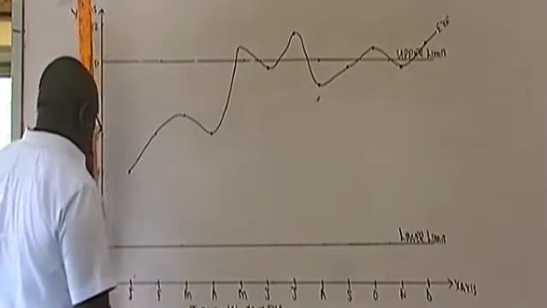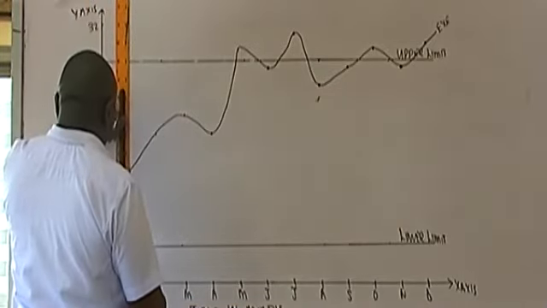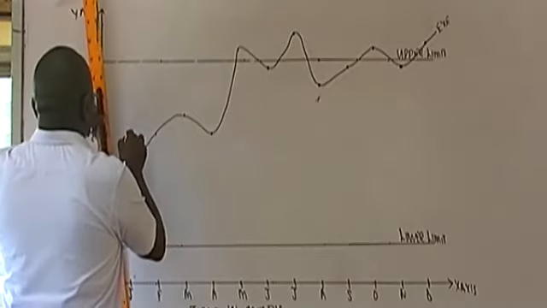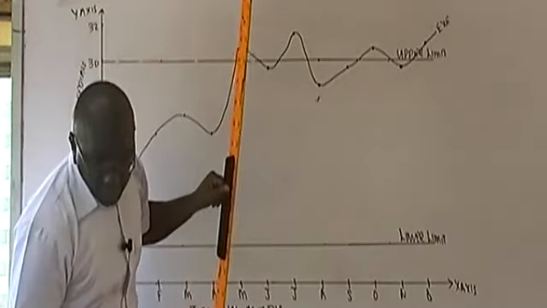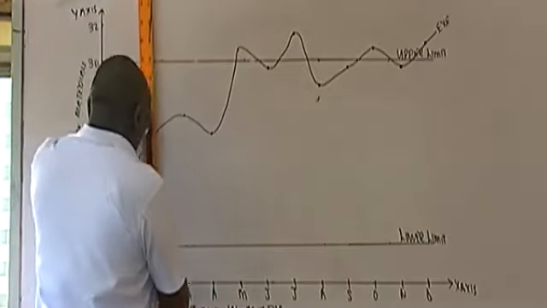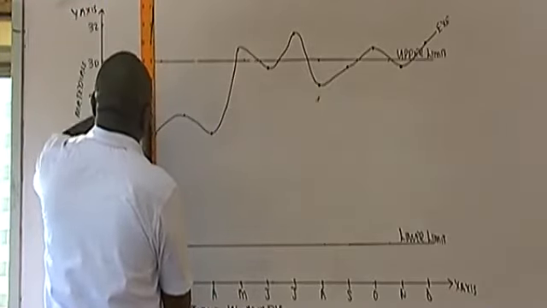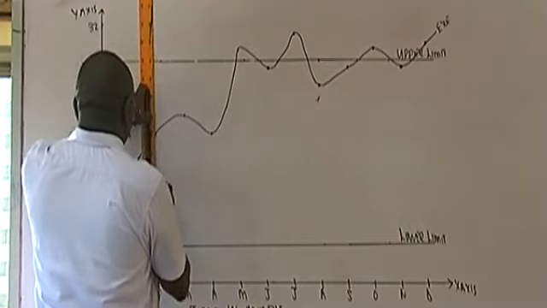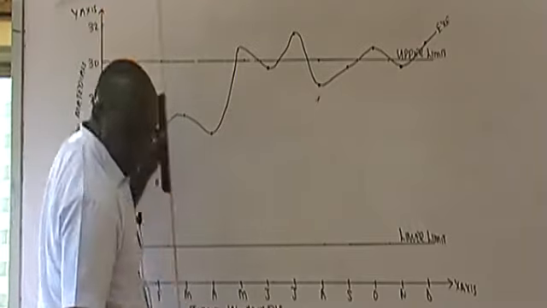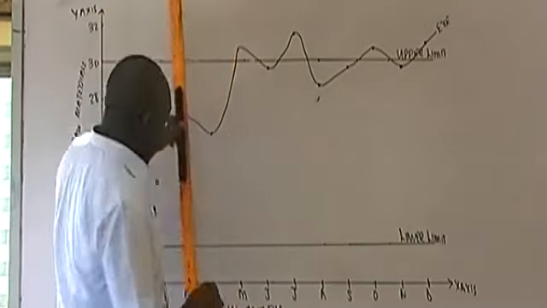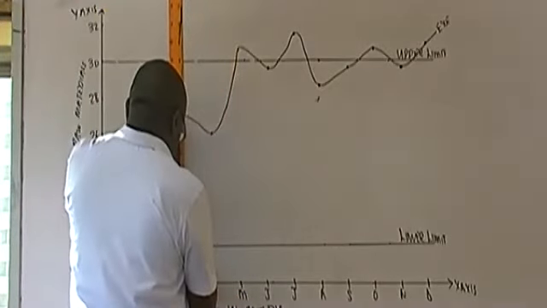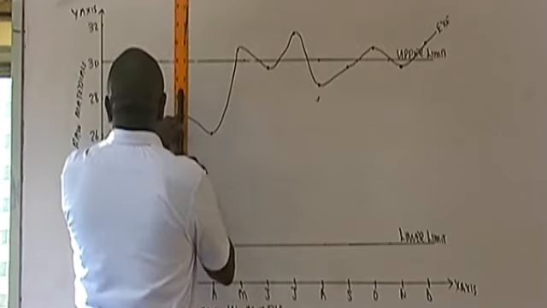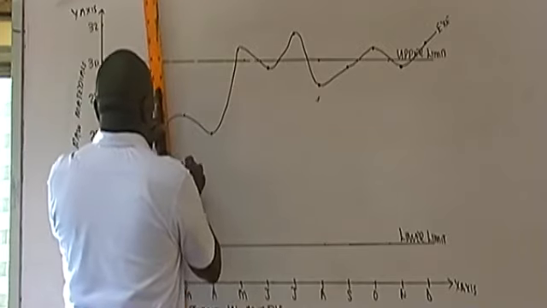Y equal to 26. So here 26 is this one. Then followed by 23,500. 23,500 is there. Followed by 24,250. 24,250 is here.